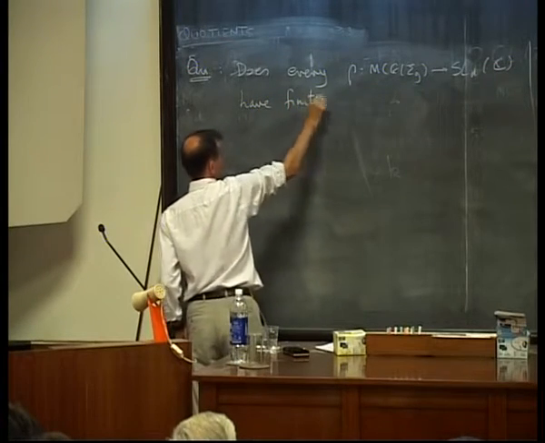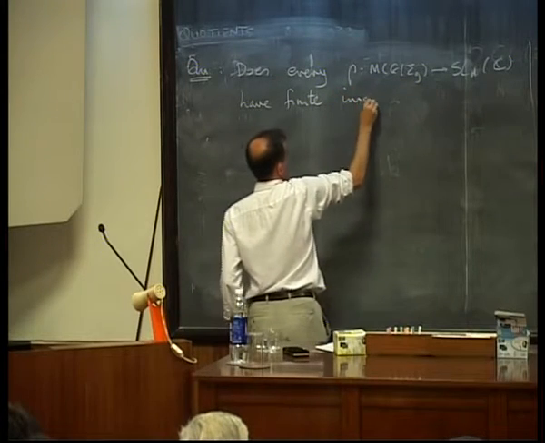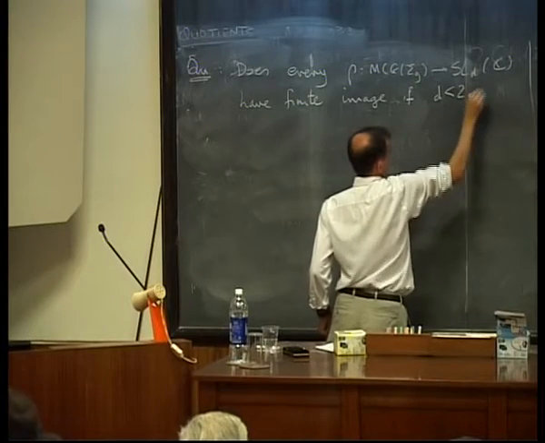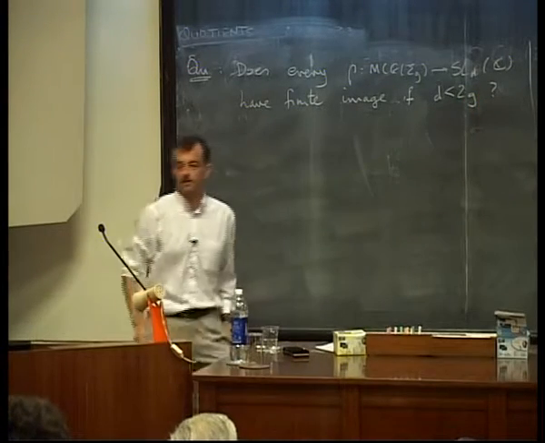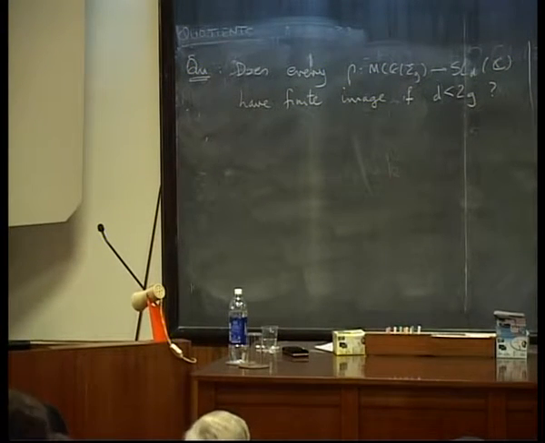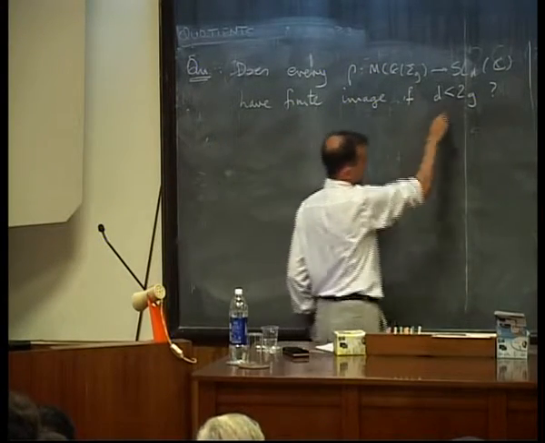There's nothing particularly special about the complex field here. You might ask this for any field. A finite image if D is less than 2G. Okay? I think this is a very reasonable conjecture. Let's see. Okay? So in dimension 2G, you get the symplectic representation. Okay? Maybe there's nothing smaller. Okay? And at the moment, you can get up to, instead of 2G, about root G.